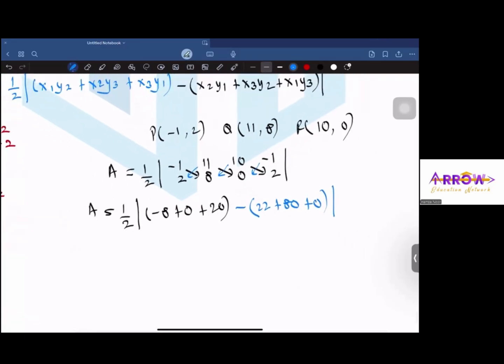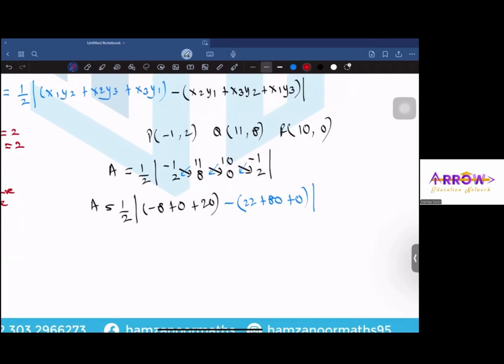All right. So area is supposed to be half multiplied by what? First you make the modulus sign, and 20 minus 8, this is 12. And then subtract 22 plus 80 from this. So subtract 102. So this means half multiplied by the modulus of minus 90.